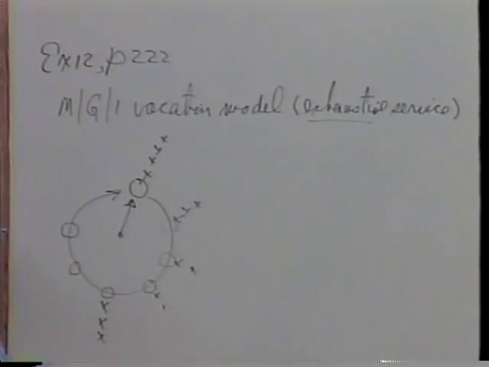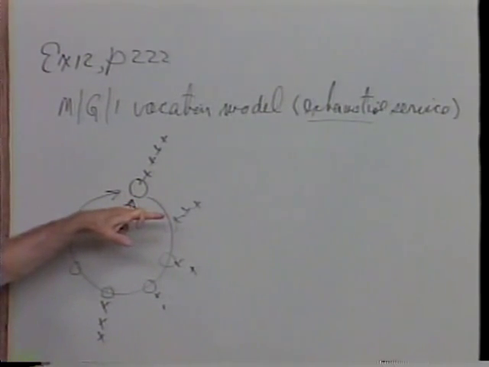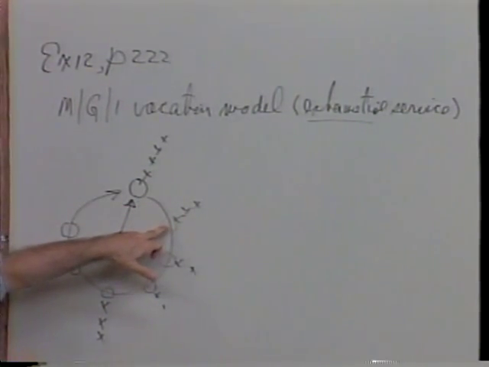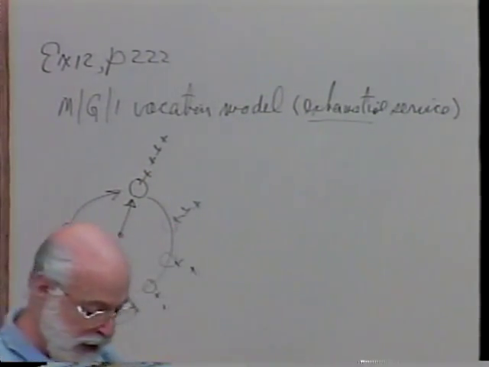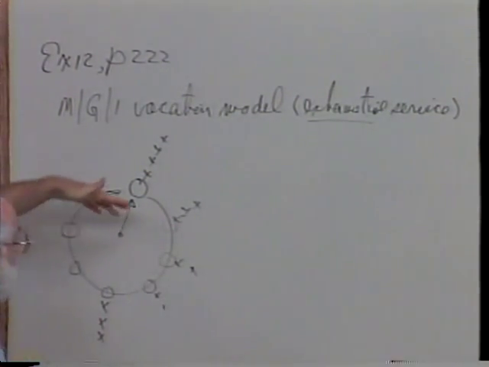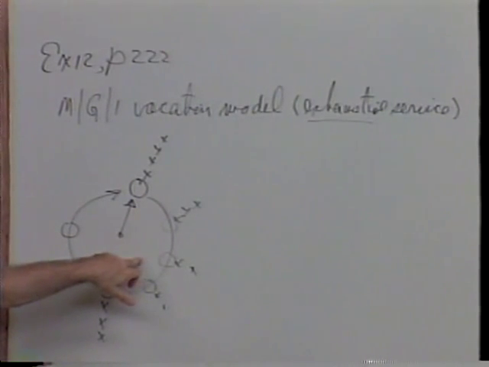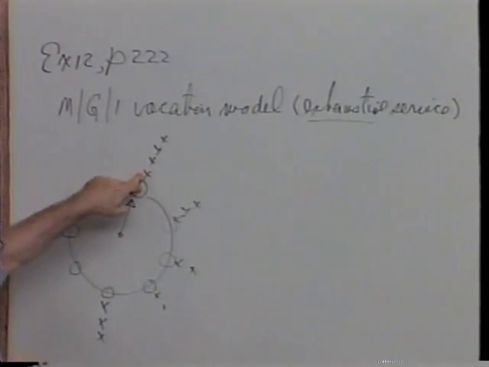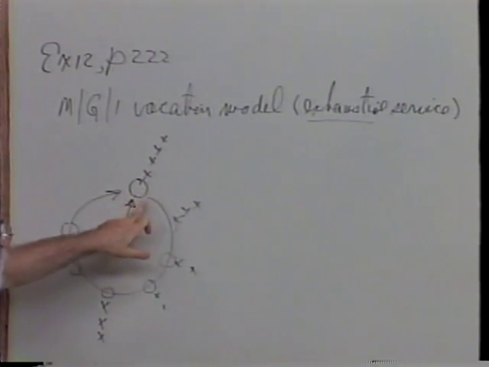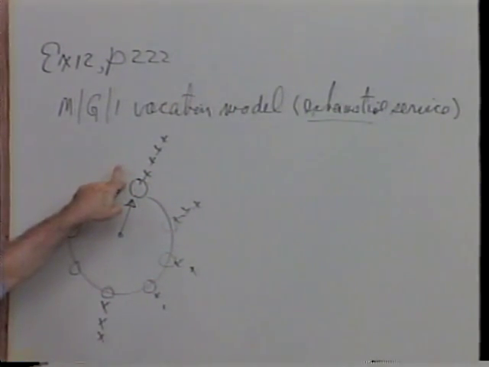It's called a polling model because as the server moves from station to station, it polls the station to ask whether there's any work waiting to be done. If there is, it serves it, and if there isn't, it moves on to the next station. And if you take that point of view, then from the viewpoint of a particular station, the time from when the server leaves that station until he returns again is a vacation.